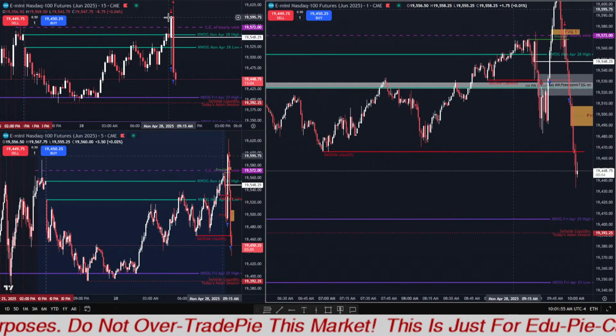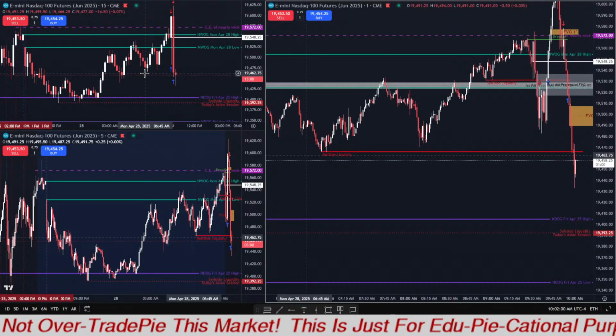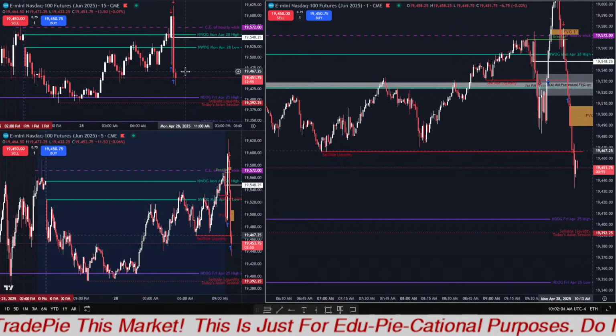High, low, and higher high. Here we have this last up-close candle as our breaker block.